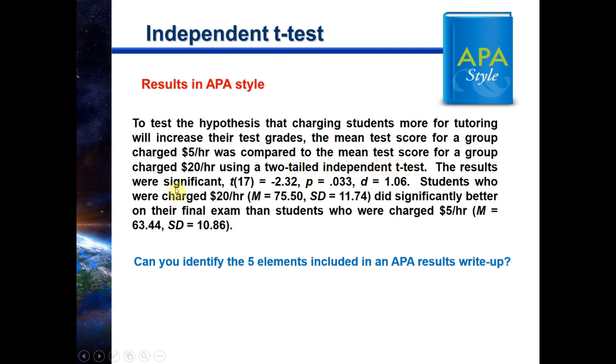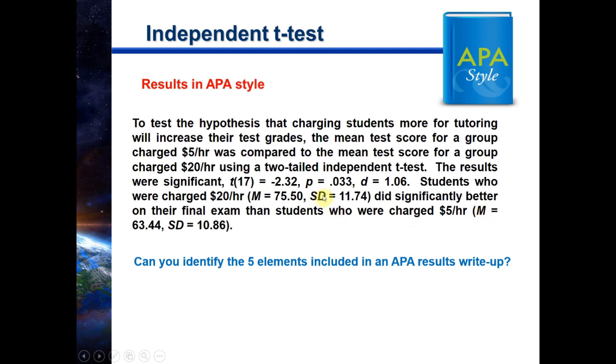The fourth one is to write up the results in APA format, the statistical notation, which is the italicized t and etc., all of that. And with independent t-tests, it's customary to include the mean and standard deviation for each group. And so I've got them here. This is the mean for the $20 an hour group and the mean for the $5 an hour group.